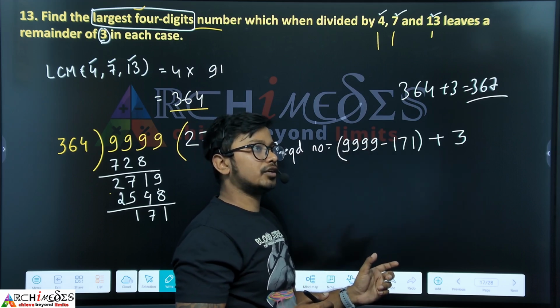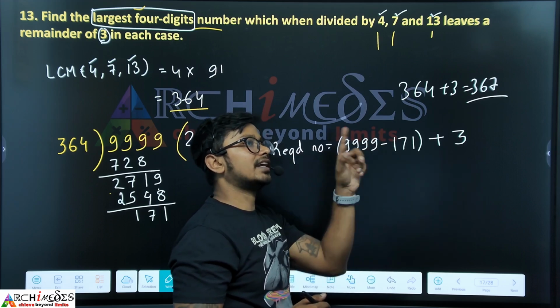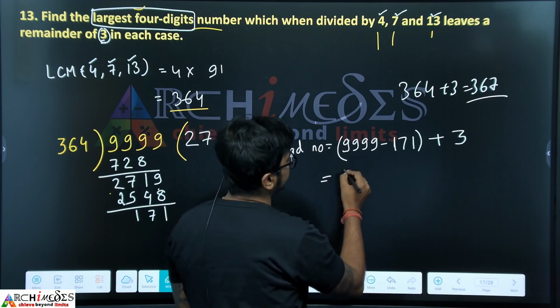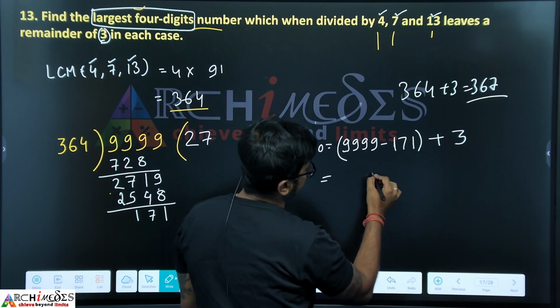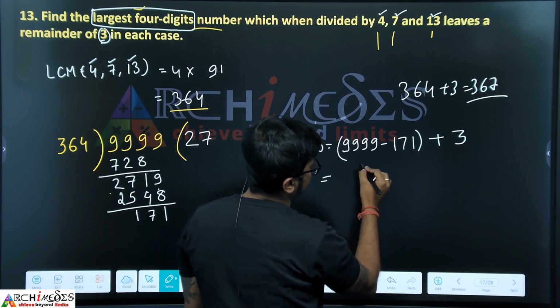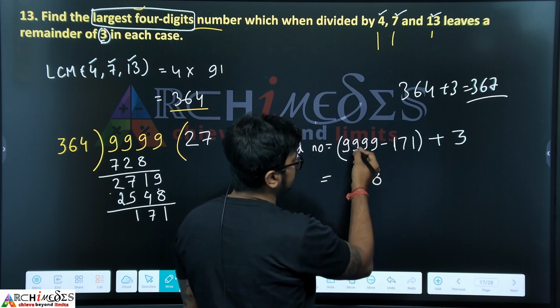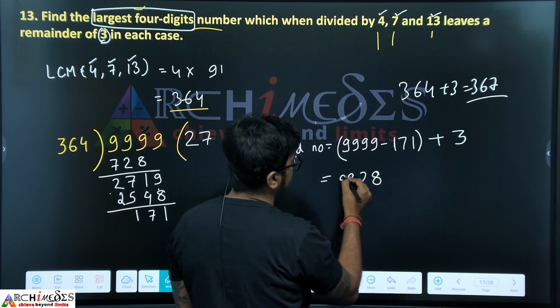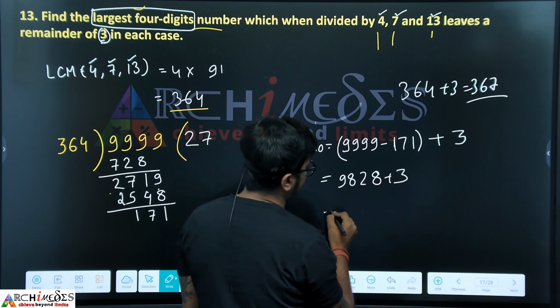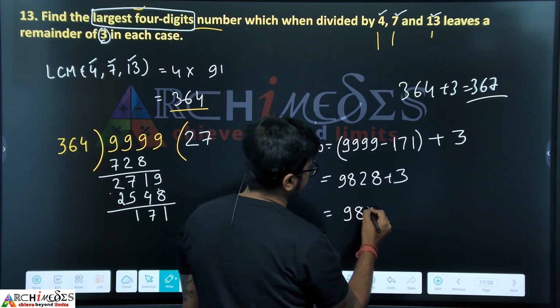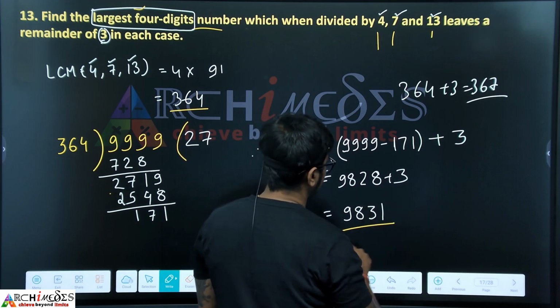Am I clear? Now tell me, what is it? 9 minus 1 is 8, 9 minus 7 is 2. Clear? 8, yes or no? 9 plus 3. So your final answer is 9831. Any doubt there?